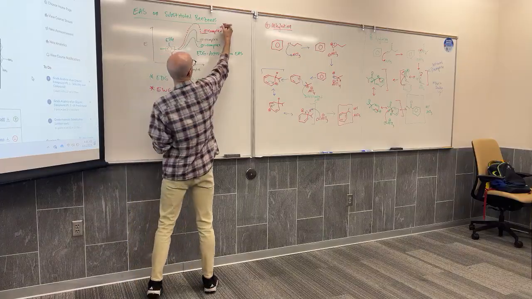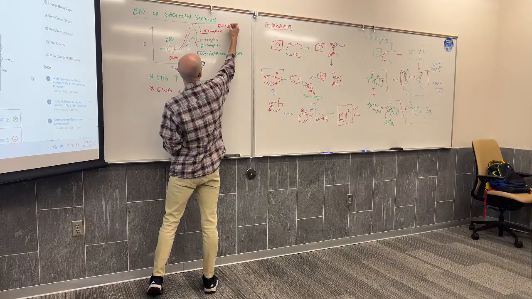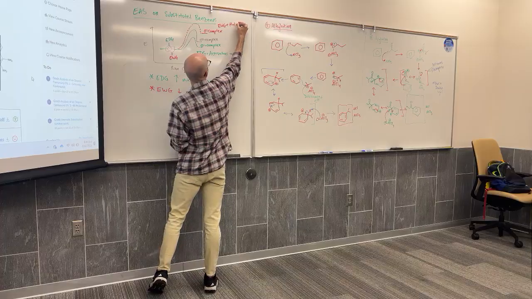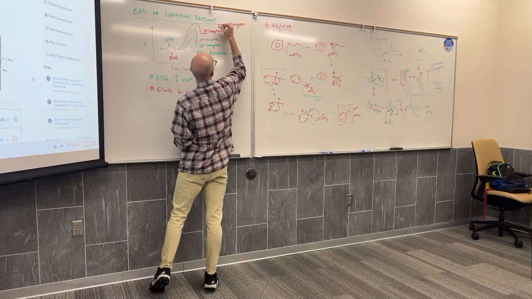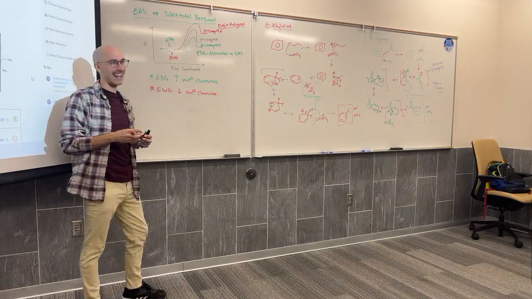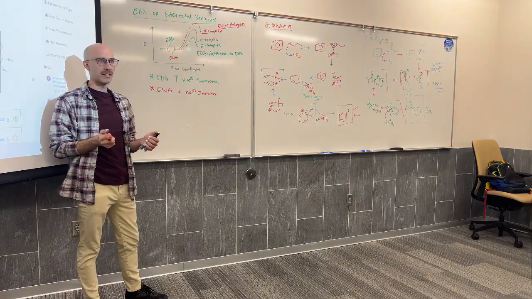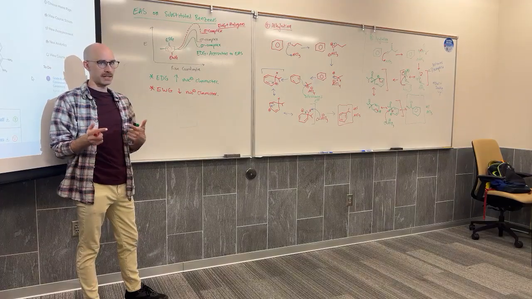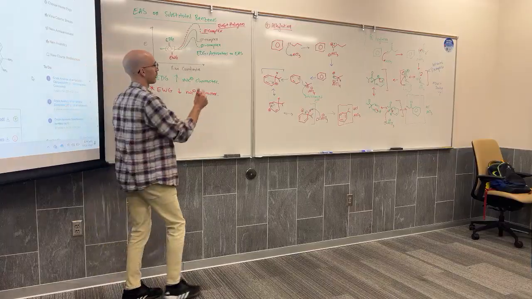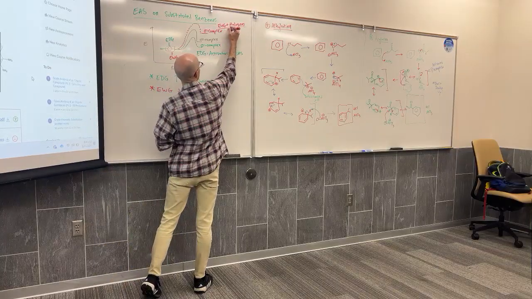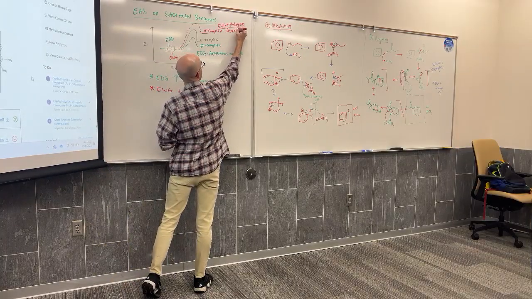So we say that electron withdrawing groups and halogens. You guys remember that halogens didn't fall into the family of EDG or EWG? They're going to play the middle game. Electron withdrawing groups and halogens, these are called deactivators.